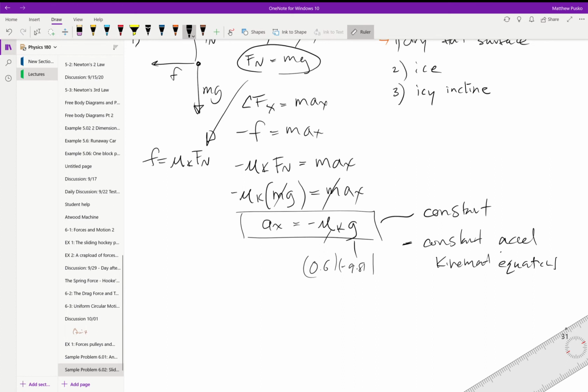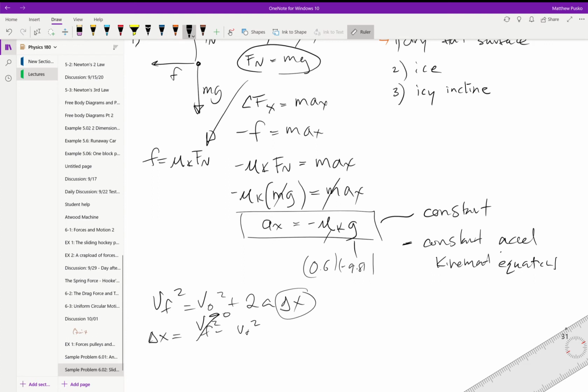And what they want to know is how far it went. We have no time involved anywhere, so that makes me go to v final squared is equal to v naught squared plus 2a delta x. And we can rearrange that for our delta x. Delta x is equal to v final squared minus v naught squared, over 2 times the acceleration.